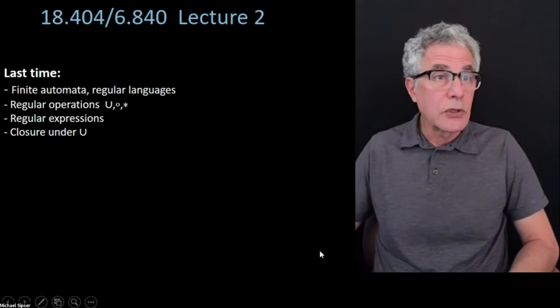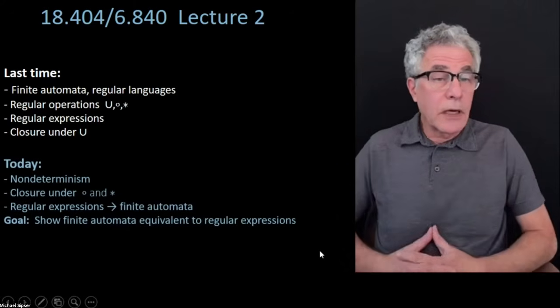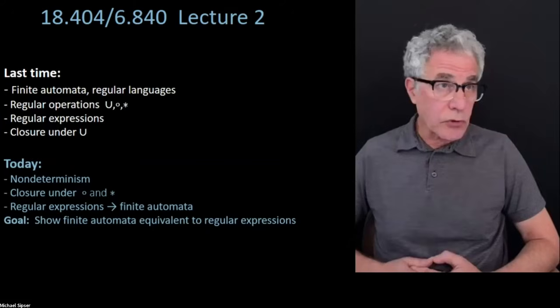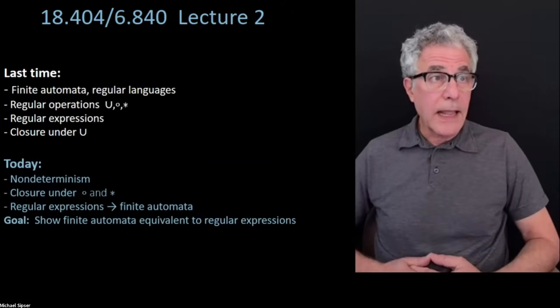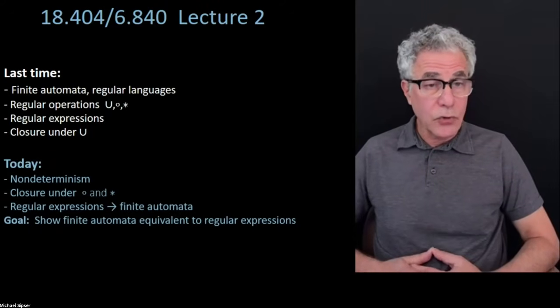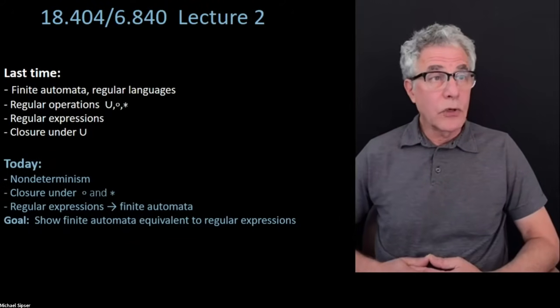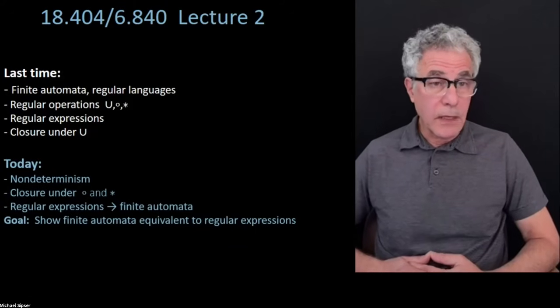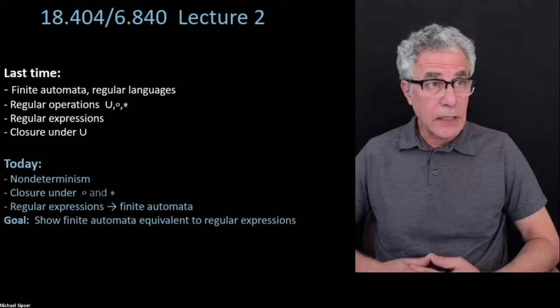So let's just look ahead to what we're going to do today. We're going to introduce an important concept, which is going to be a theme throughout the course, called nondeterminism. We are having that as a tool that we can use. We'll be able to show closure under concatenation and star, finishing up what we started to do last time.